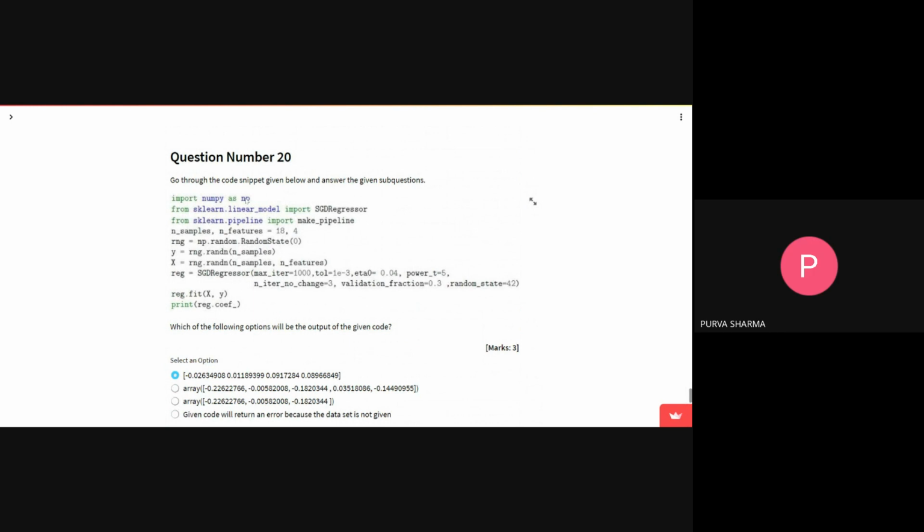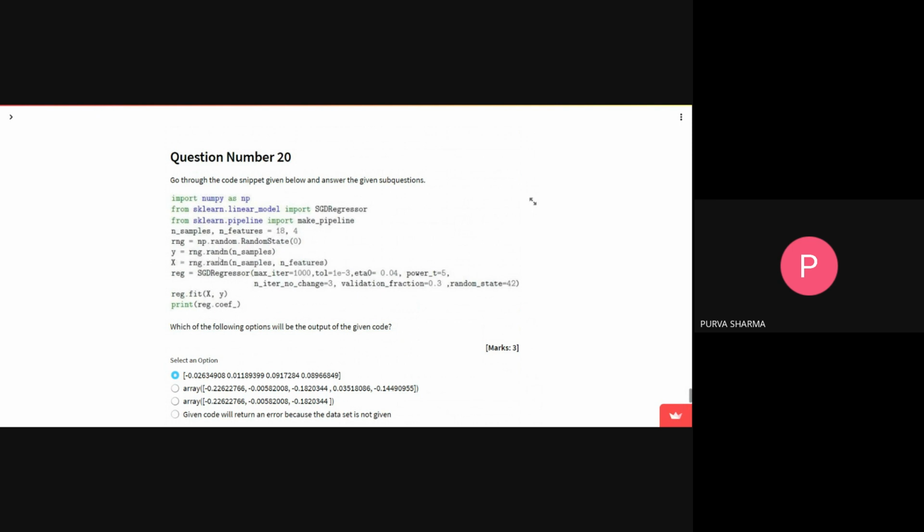So here we are importing NumPy, then importing SGD regressor, then make pipeline. N samples will be 18, which means 18 rows and 4 columns. RNG, which means np.random.RandomState(0), will be generating some random values.